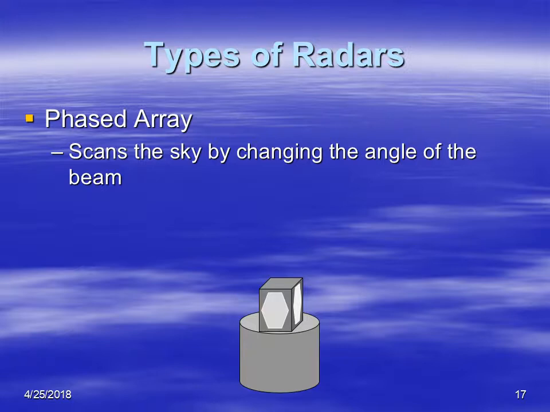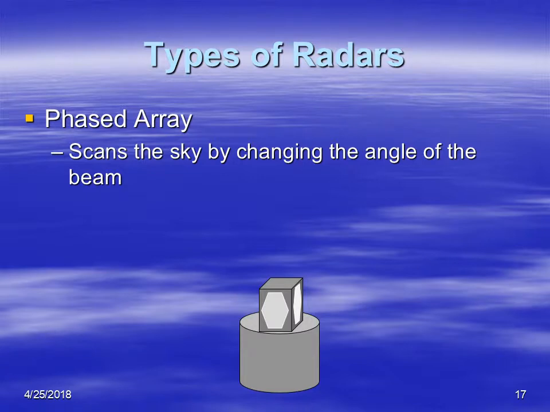But phased array antennas, instead of rotating, scan the sky by changing the charge pattern to the antenna array, and as a result the angle can change almost instantaneously just by charging the radar antenna at a different timing.